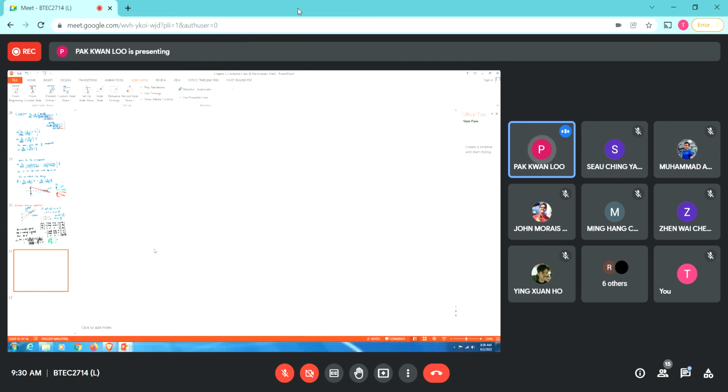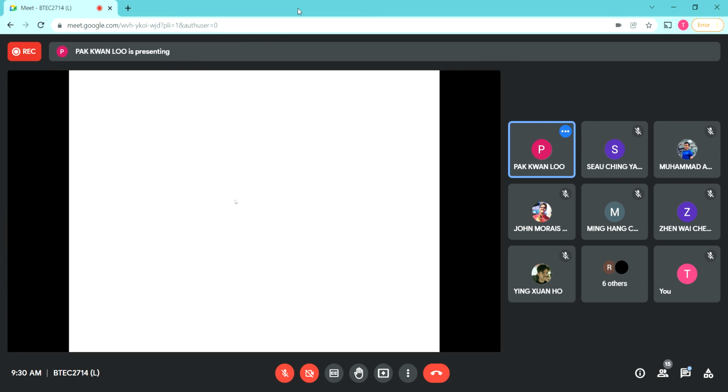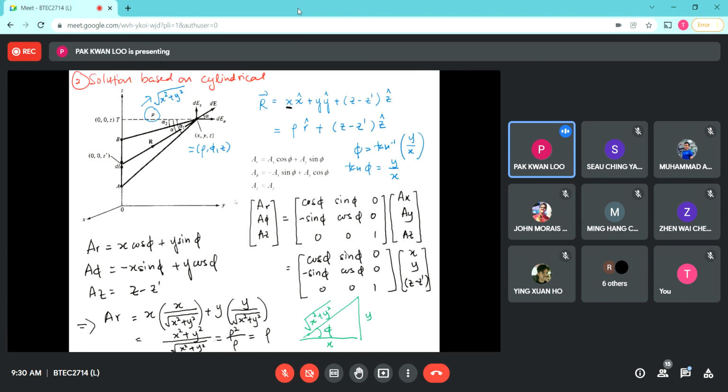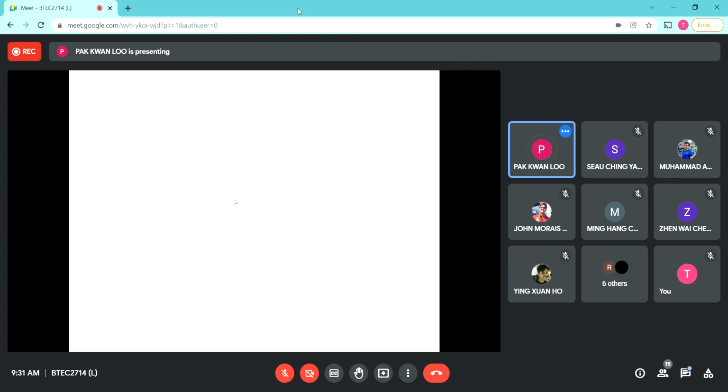So we have the r component now. What about the phi component? The phi component is negative x sine phi plus y cos phi, right?